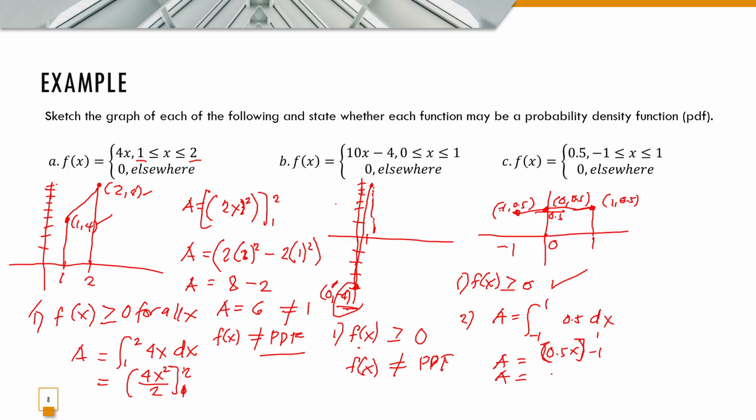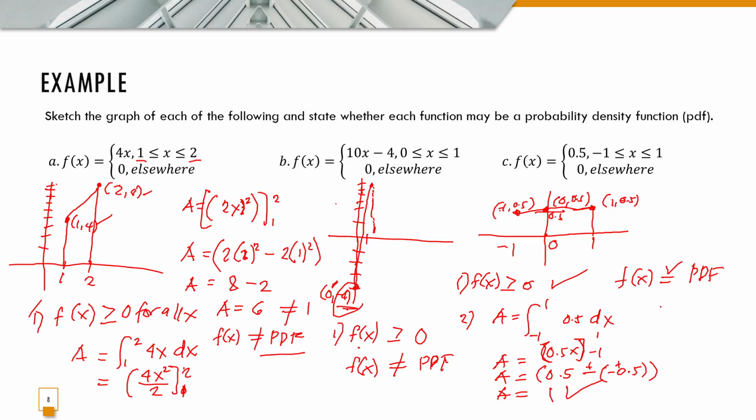So the area is 0.5 minus -0.5, because we need to substitute -1, so the subtrahend changes to addition, and the area is equal to 1. So therefore this one is checked. All the properties are checked, so therefore the function is a PDF.